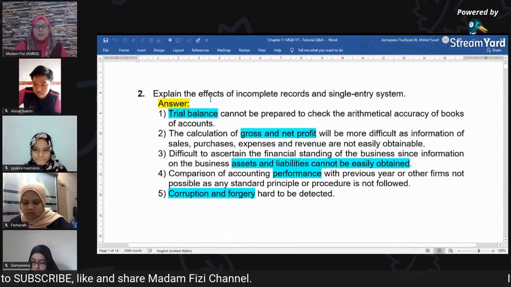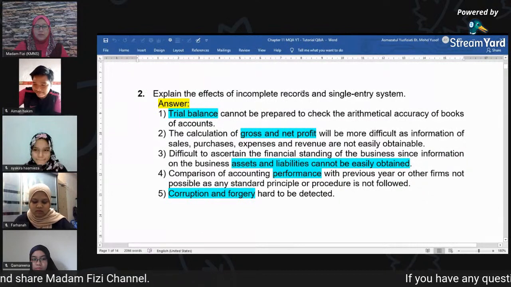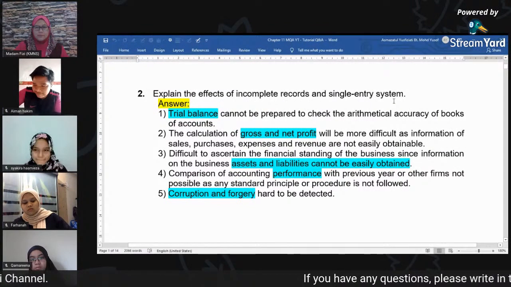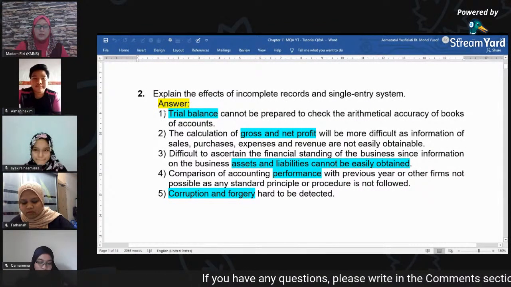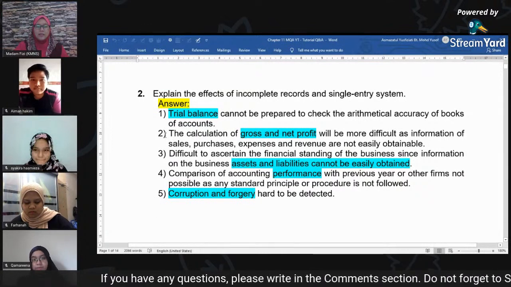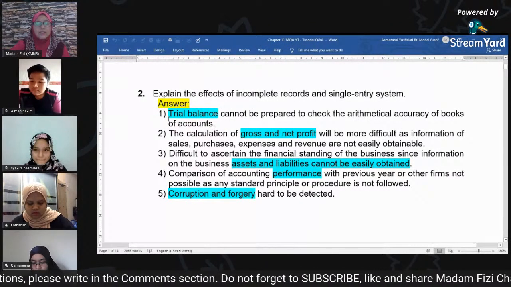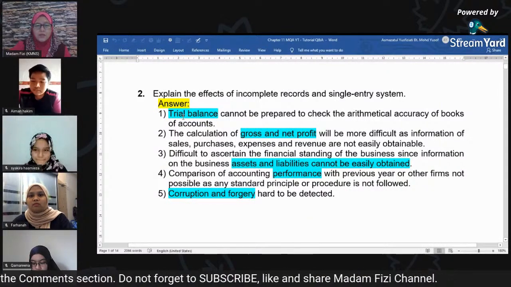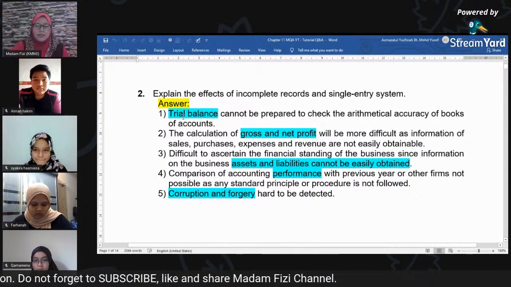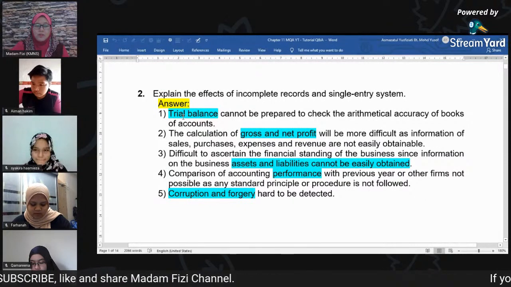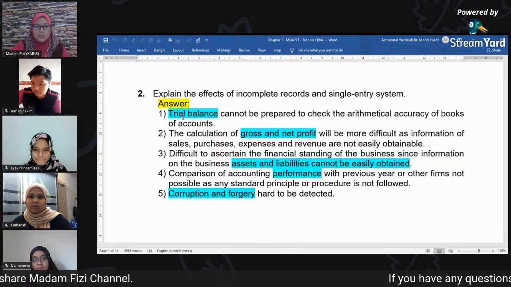Question number 2 for section A. Explain the effect of incomplete records and single entry system. I list 5 effects here. First, trial balance cannot be prepared to check the arithmetical accuracy of books of accounts.